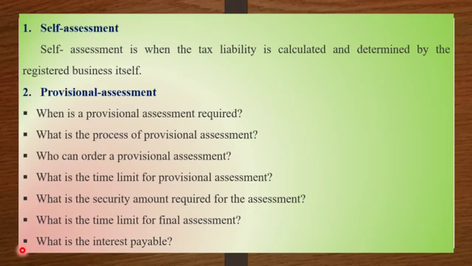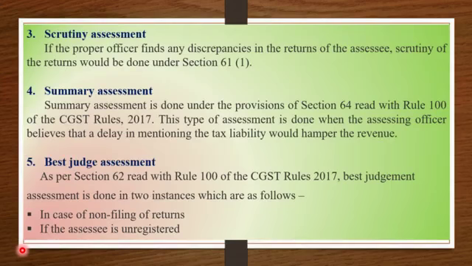Now come to the third assessment, scrutiny assessment. If the proper officer finds any discrepancies in the returns of the assessee, scrutiny of the returns would be done under section 61 subsection 1.